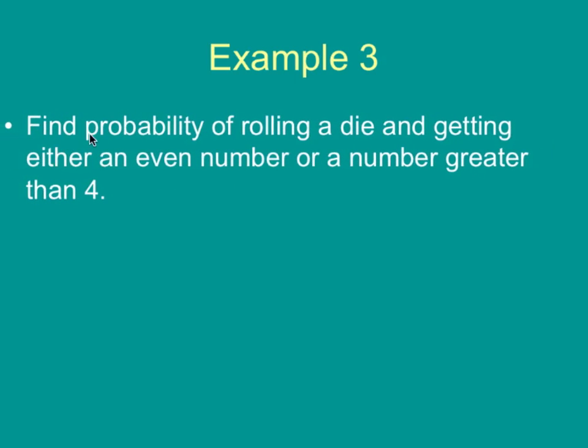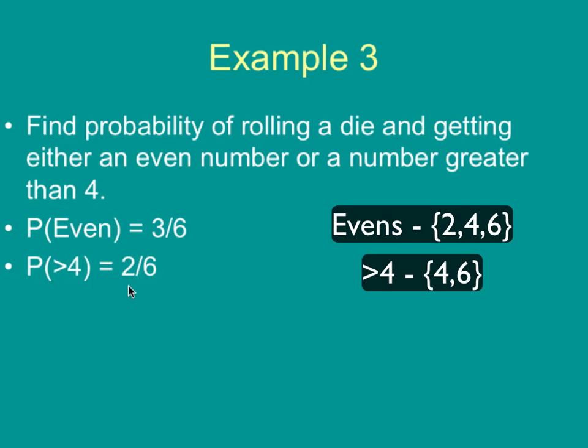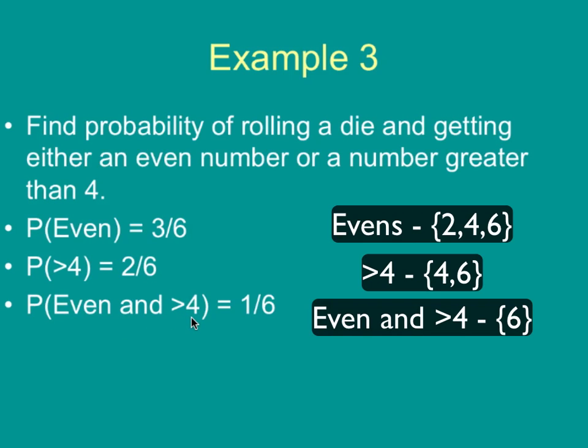In example 3, it says find the probability of rolling a die and getting either an even number or a number greater than 4. So we need to find the probability of getting an even number, which would be 3 out of 6. Then the probability of getting a number greater than 4, which would be 2 out of 6. Then the probability that you would get an even number and a number greater than 4.